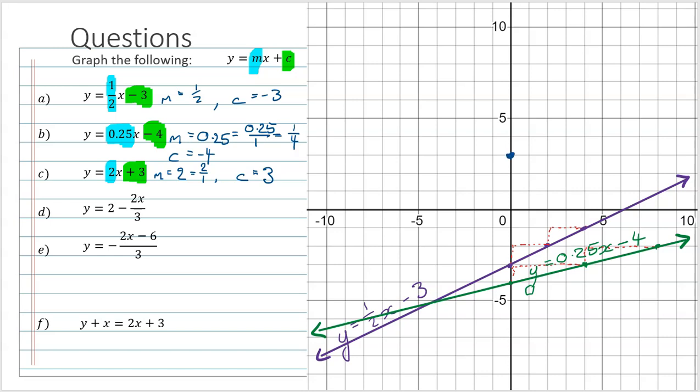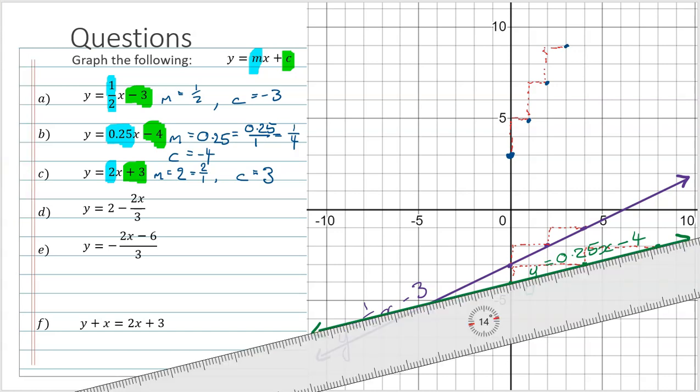And then I'm going to use the gradient. So it's 2 over 1. So for every 2 I go up, I have to go across 1. Up 2, across 1. Up 2, across 1. Marking all of my points here, here, and here. And then getting my ruler.